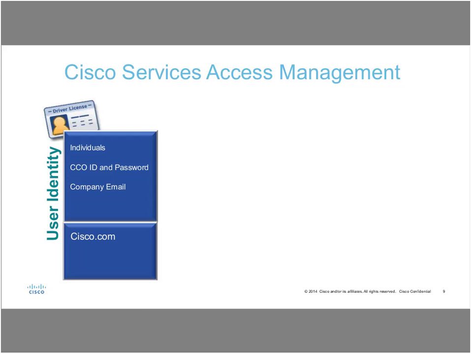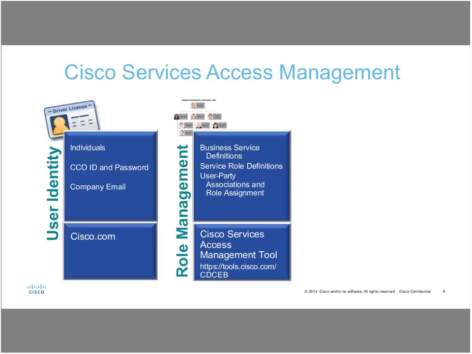The second thing that you want to be able to do is to assign roles to the various services that are available to people within your company, so the users within your company. The Cisco Services Access Management tool is used to administer user access to Cisco services, such as SmartNet TotalCare.